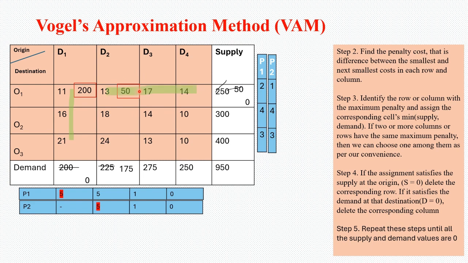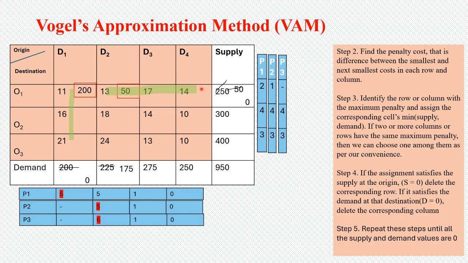Now, find penalty P3 for all rows and columns excluding the deleted column and row. P3 for second row is 14 minus 10, which is 4, and third row is 13 minus 10, that is 3. Find P3 for second column as the first column and first row are deleted. These need not be considered. 24 minus 18, which is 6, third column 14 minus 13, that is 1, and last column 10 minus 10, which is 0.